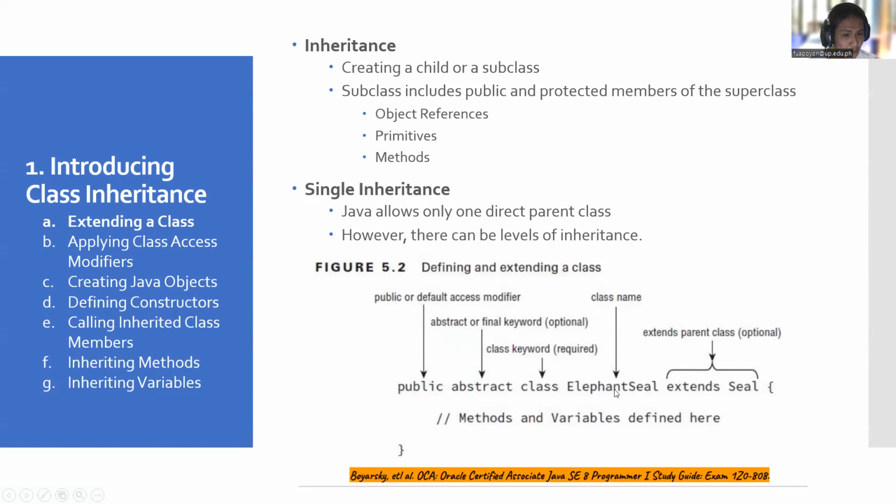You have your class keyword, you have your class name, and then this is the keyword if you wish to implement inheritance, no, or you want to extend a class. So the keyword is extends, and then this is your parent class. So for example, here you have your class name elephant seal. It extends seal. So seal is the superclass or the parent class, and elephant seal is the child class.